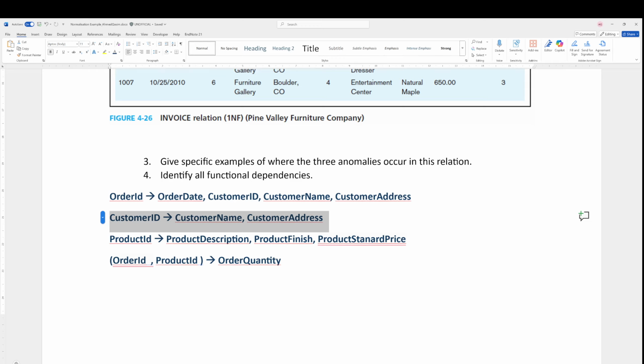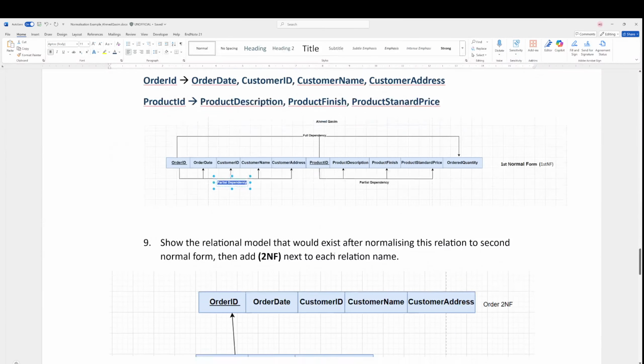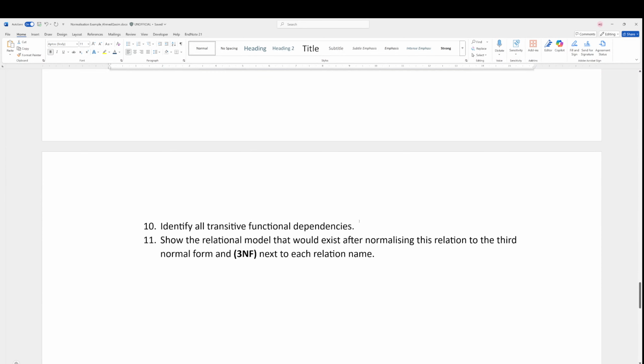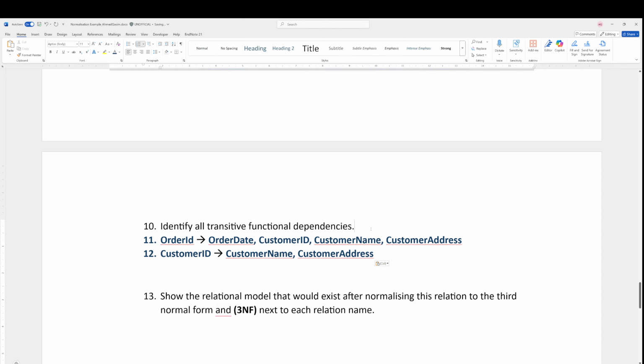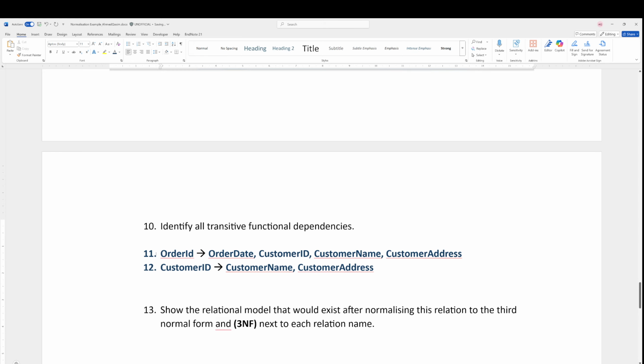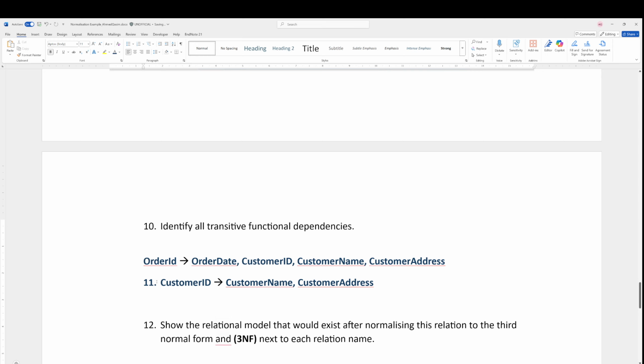So customer ID, customer name, I'm just going to copy this and take it into the transitive question. As you can see, the order ID, I'm just going to delete this one, I don't need it now. The order ID determines customer ID and does not determine these directly.